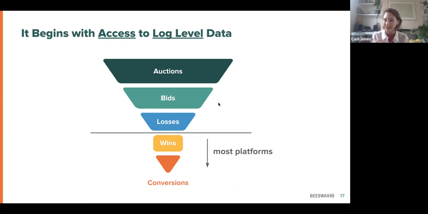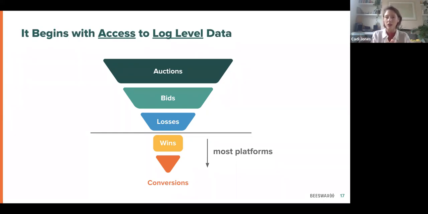Going up a level again, sticking with the supply path optimization use case, it's about really understanding your bid logs together with your loss logs. So where did you bid and where did you lose? Because perhaps you did bid multiple times for that bid request, and how did those different exchanges react?